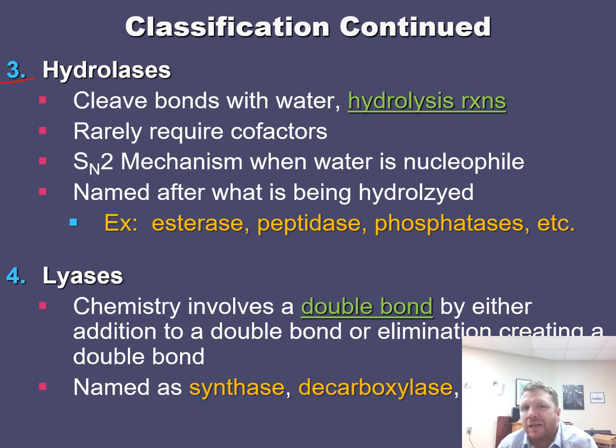These are enzymes that cleave bonds with the help of water. They catalyze hydrolysis reactions. Lyases are enzymes that involve a double bond, and they're going to be either adding a double bond or creating a double bond.